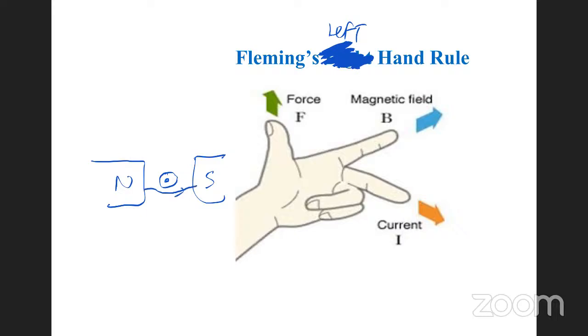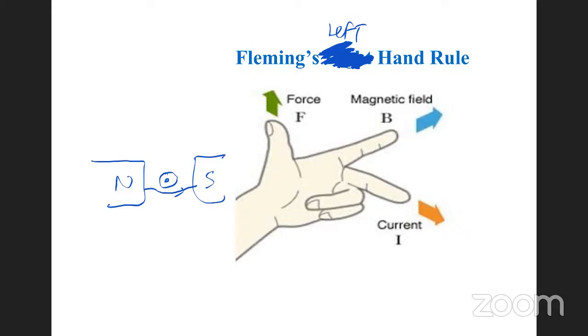Current moving how? Out of the page or into the page? Out of the page. So therefore the force is what? Up or down? Upward. The force is upward. Try it fast. Do it on the TV, relative to the TV.